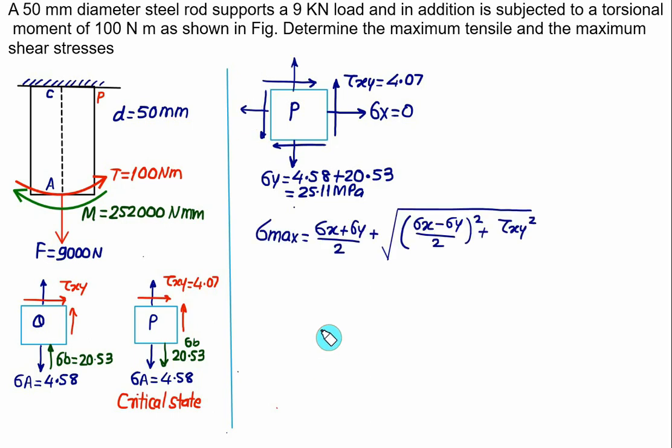To calculate the maximum tensile stress, we will select the positive sign, and we have sigma max equal to (sigma x plus sigma y) by 2 plus under root of ((sigma x minus sigma y) by 2) whole square plus tau xy square.